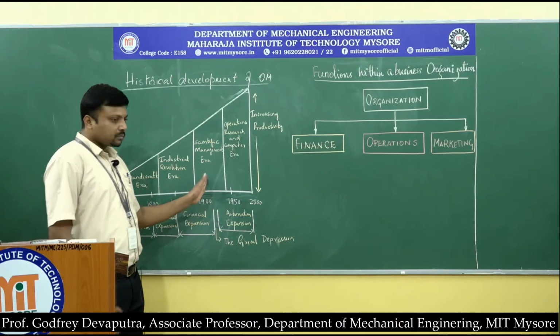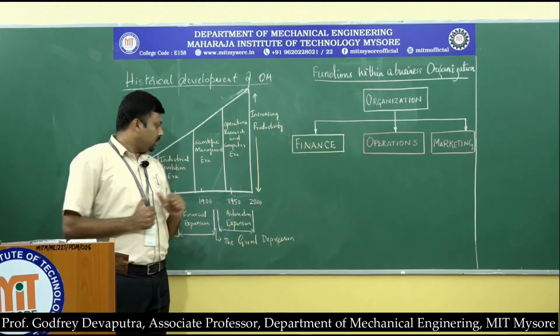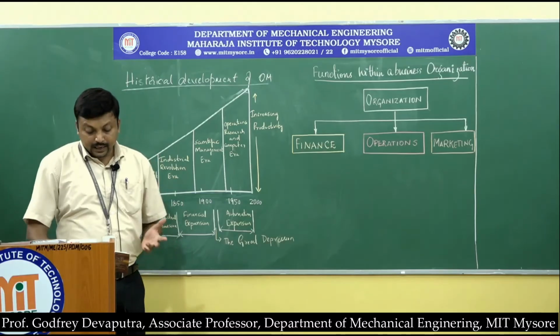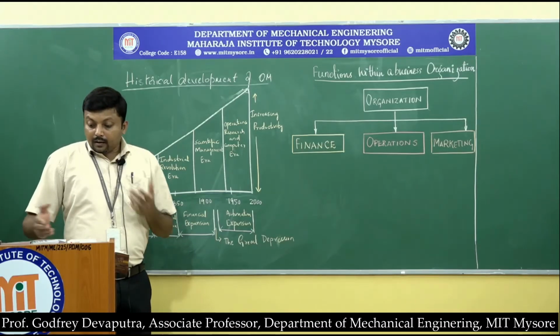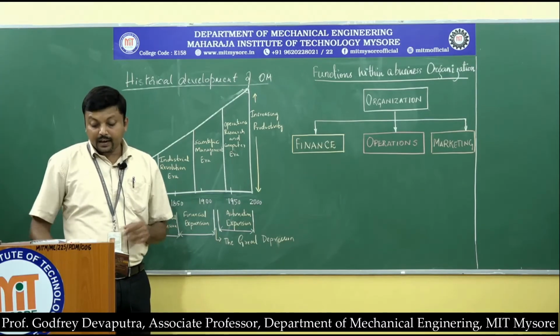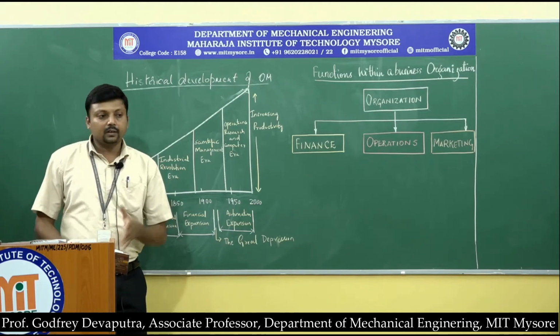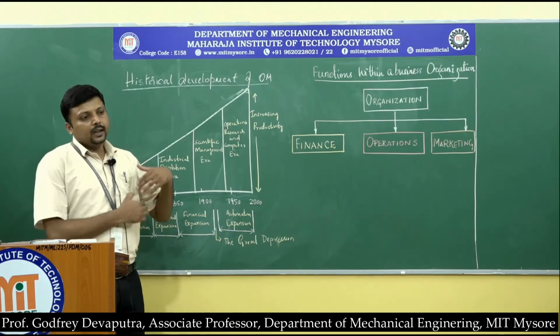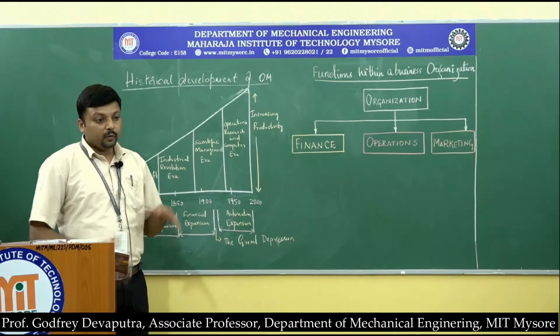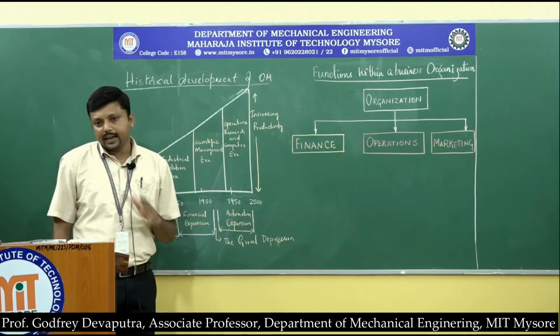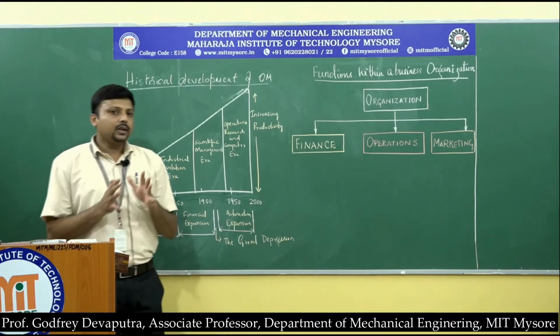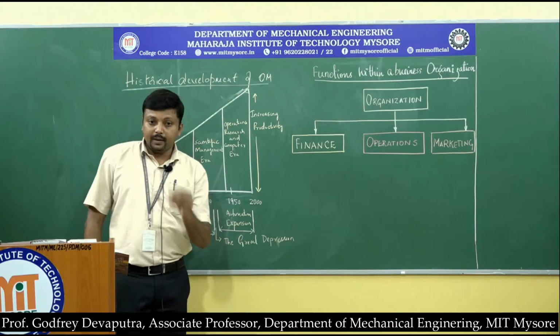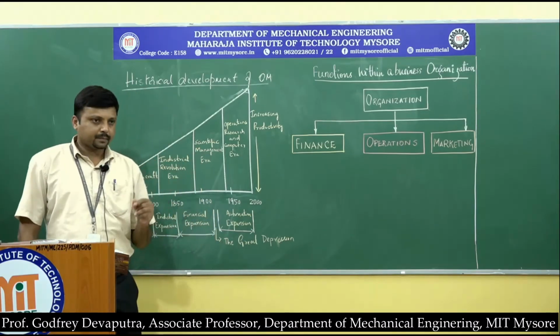Then people such as Henry Fayol, Frederick W. Taylor, and Frank B. Gilbert, who are called the fathers of scientific management, were the early day thinkers of how production activities can be managed better in order to make more profit.